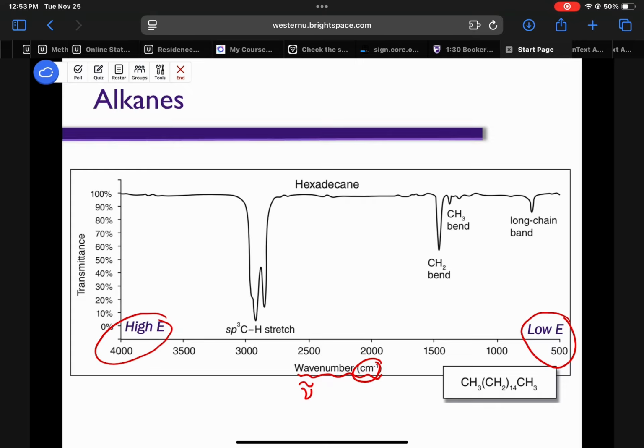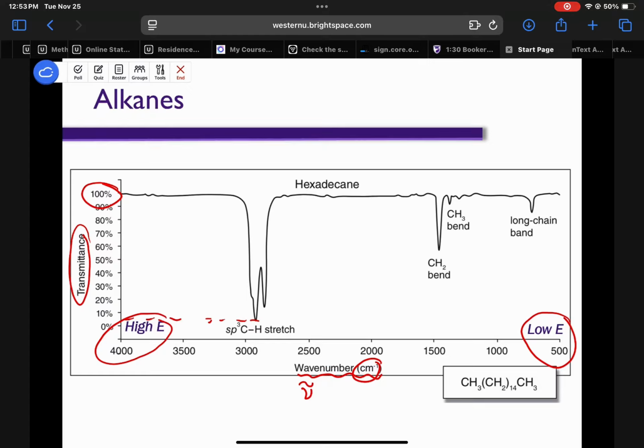We're shining IR light of all of these different wave numbers by our sample, and we're measuring the transmittance. If we have a 100% transmittance, all that IR light at that wave number goes right through the sample. It doesn't interact with it. But if that transmittance goes down, maybe to like 10% or 20% or 50%, whatever number, we can see the transmittance is lower, which means the absorption has increased.